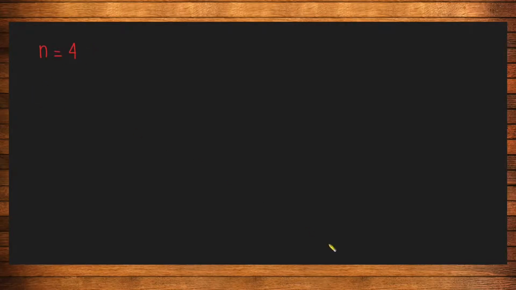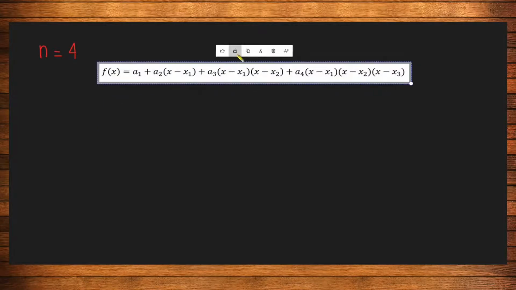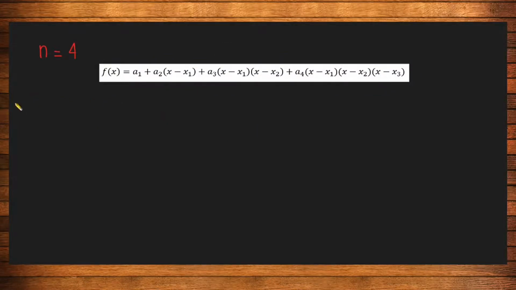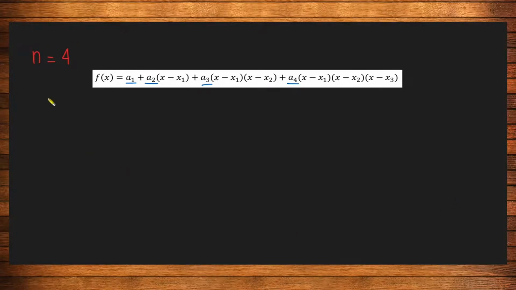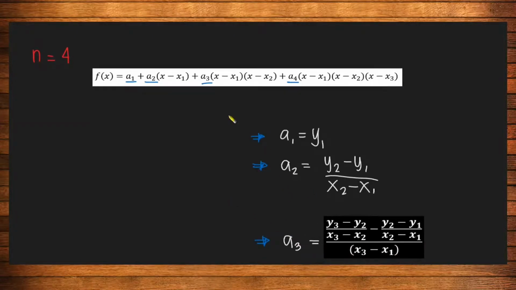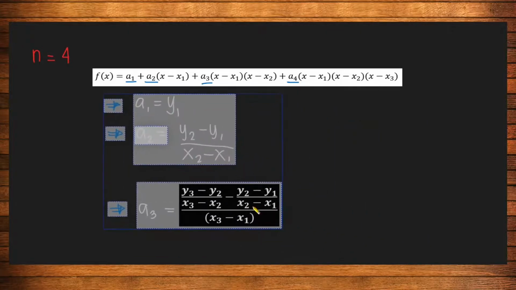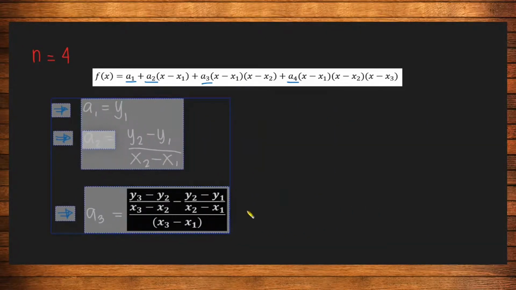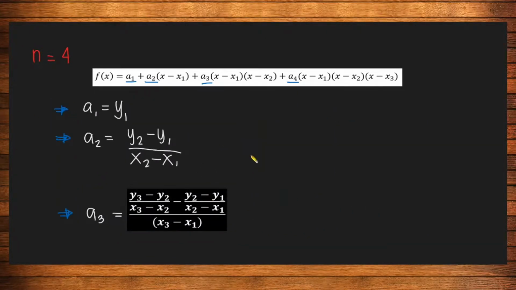Now for 4 given points, the third order Newton's polynomial will have this form. So we have 4 unknown coefficients here. But then again, these coefficients can easily be calculated by substituting the 4 given points. Now the resulting values for the coefficients a sub 1, a sub 2, and a sub 3 will actually be equal or the same as for our second order polynomial. So same lang kanina.